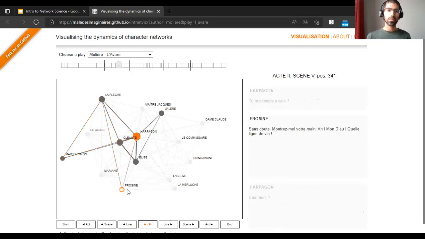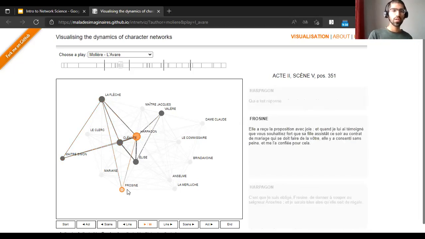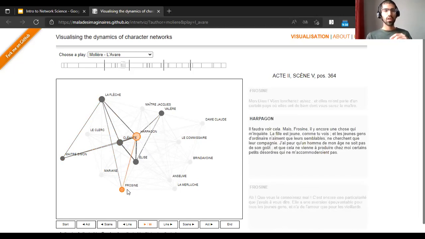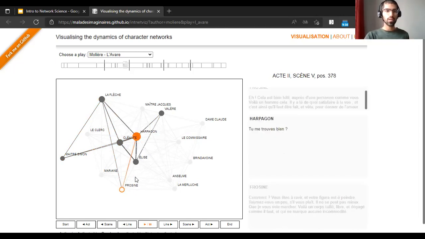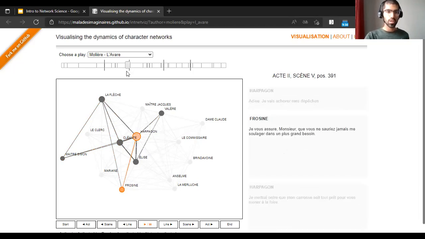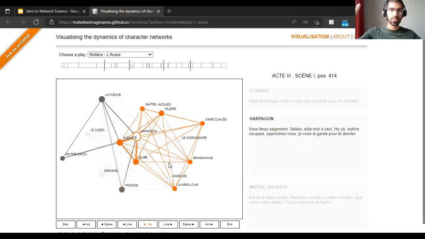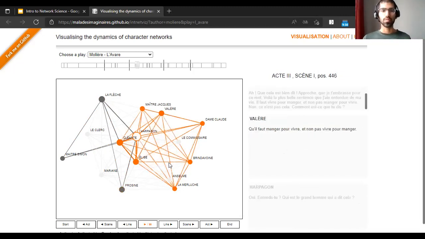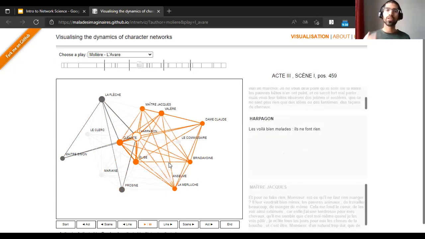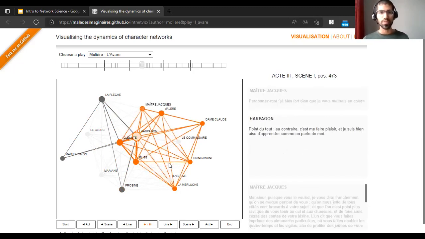And it's kind of perplexing. You wonder, why is it that you have these new characters arriving, especially as you start a new act? So you just see a whole bunch of new characters were just added. So this is interesting because you can see as the play goes on, what kinds of things tend to happen.